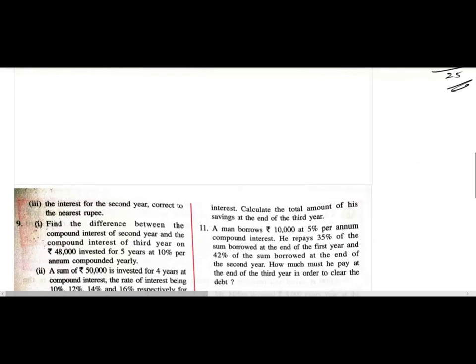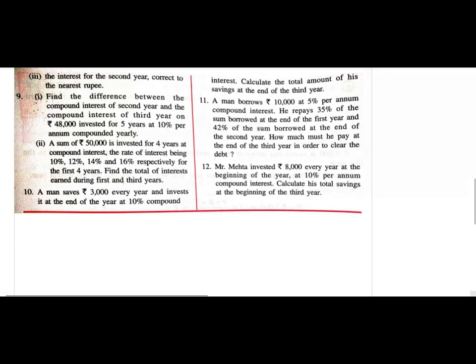Now the next doubt, somebody asked me question number 11. A man borrows rupees 10,000 at 5% per annum compound interest. He repays 35% of the sum borrowed. So first repayment. Now I'm not going to solve the whole question, but I'm going to give you a hint.